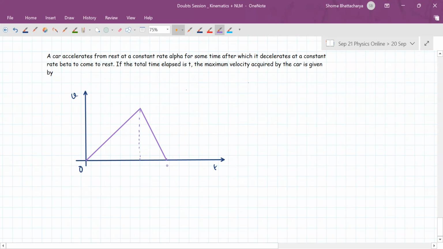So this total time is small t according to what is given. And this has an acceleration of plus alpha here and it has a deceleration of beta here. So this is the maximum speed it reaches. So we have to find the maximum speed in terms of the three given things, alpha, beta, and t.